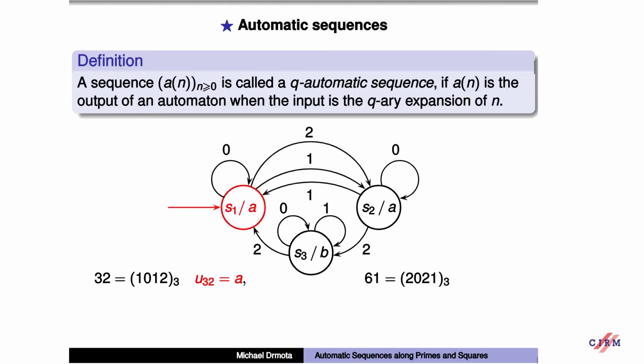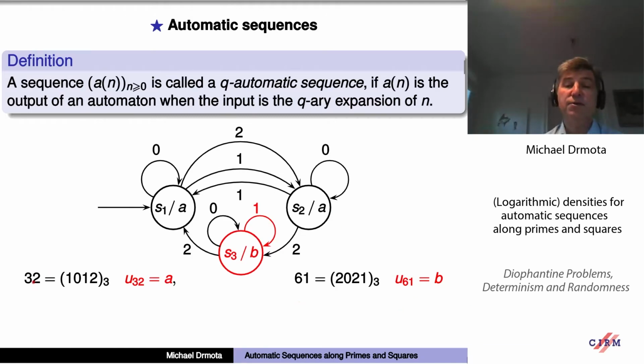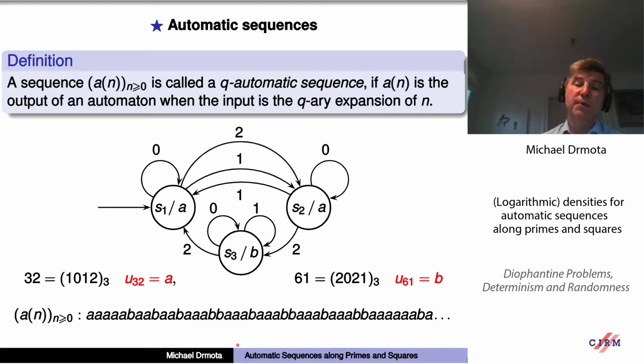And if we take, for example, 61, we do the same. We read 2, 0, 2, and 1 and end up in state 3 and the output will be then B. And for every input, 32 or 61, we get an output and the output is this automatic sequence.